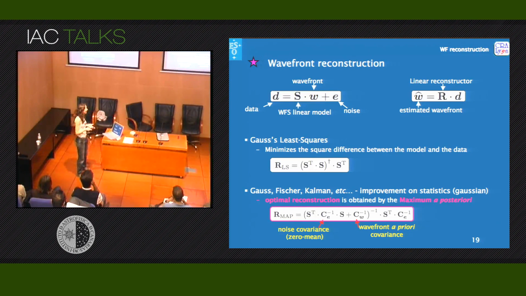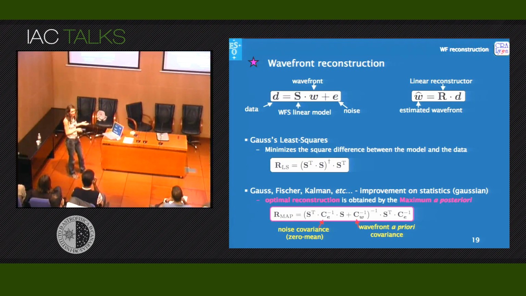But it's not an invertible matrix, so you can approach the inverse by this formula with a pseudo-inverse. But this will give you the wavefront of minimum norm which corresponds to this data.